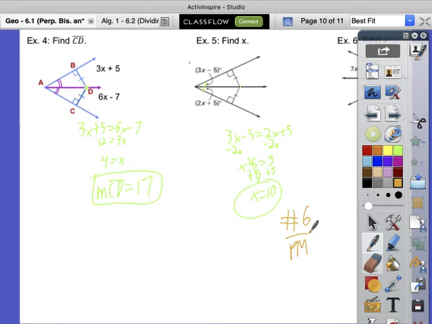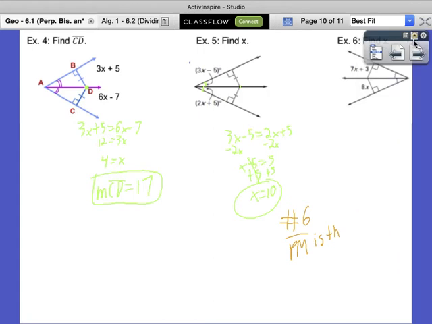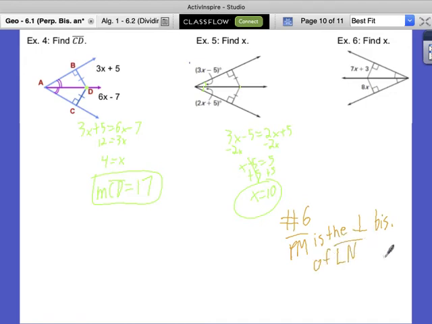Before we go, let's write down this note real quick. We need to know that information. You need to know that information on number 6. If you want to take a picture of that, you're welcome to.